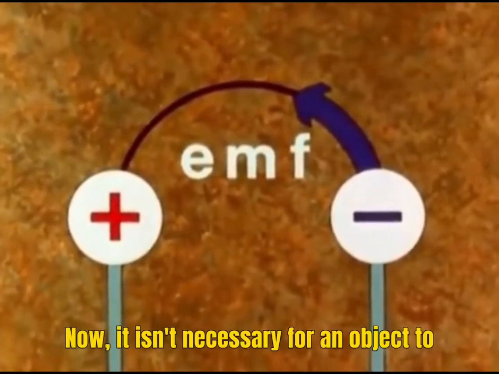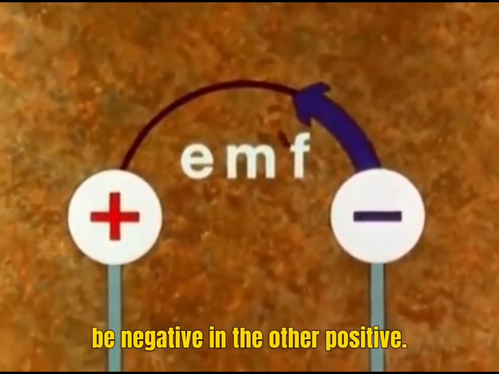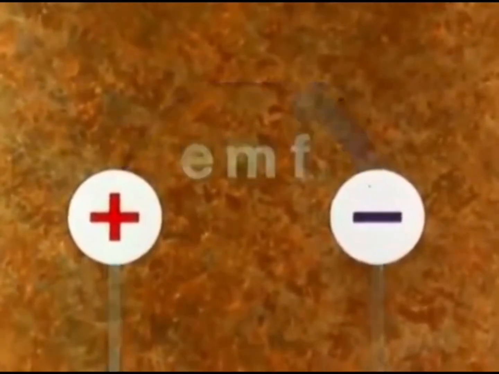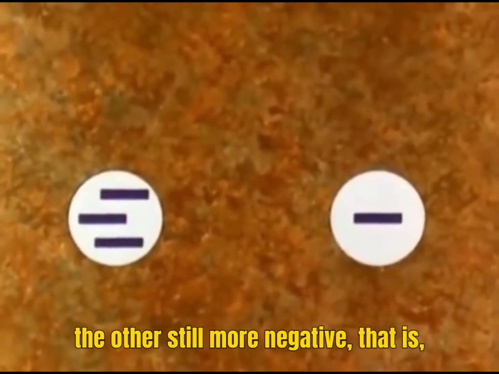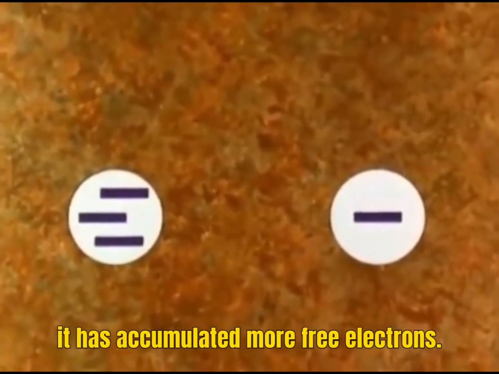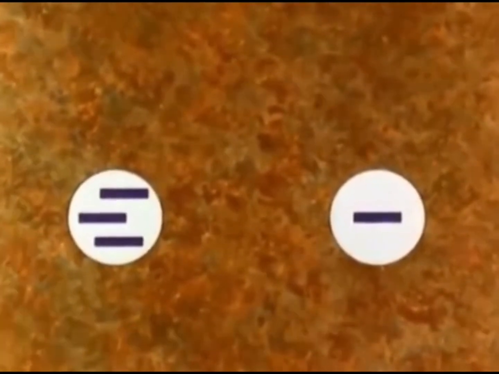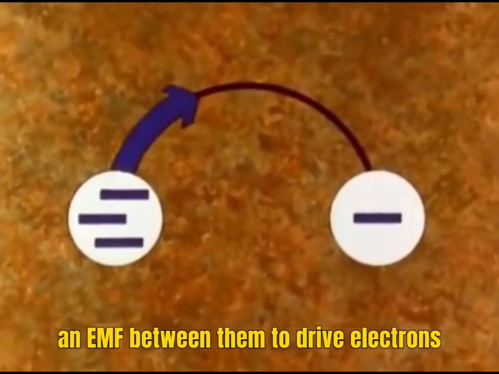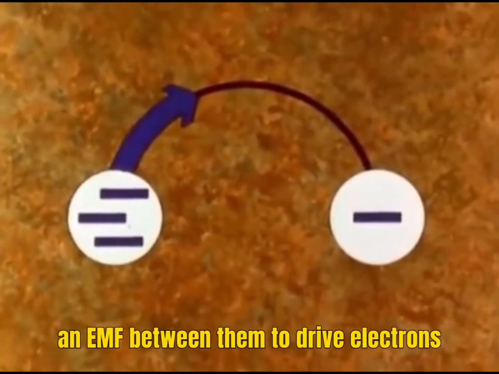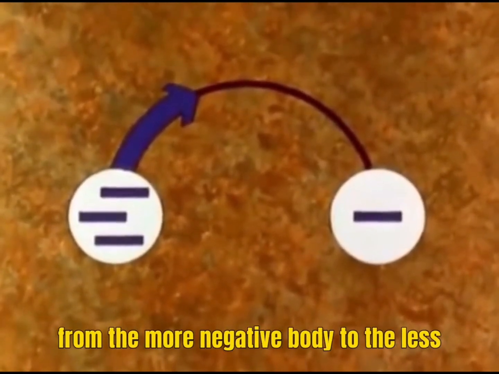Now, it isn't necessary for an object to be negative and the other positive. If we have one body negative and the other still more negative, that is, it has accumulated more free electrons, and we then connect them, there will be an EMF between them to drive electrons from the more negative body to the less negative one.